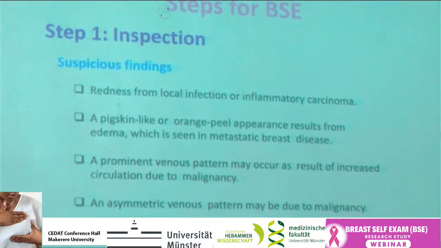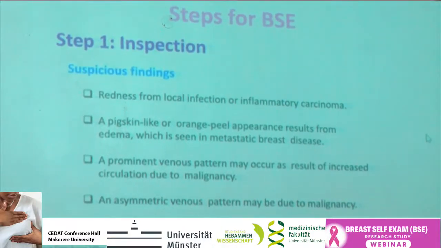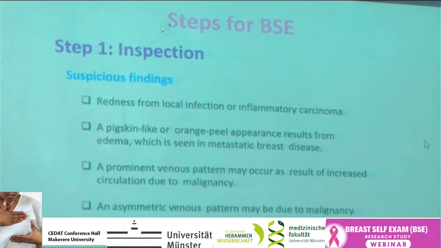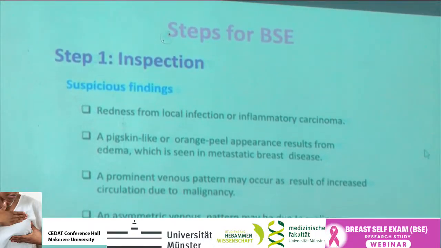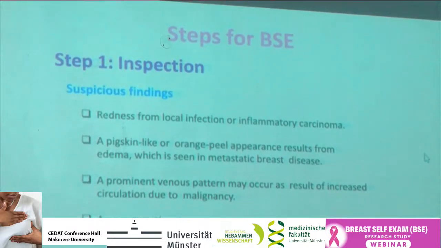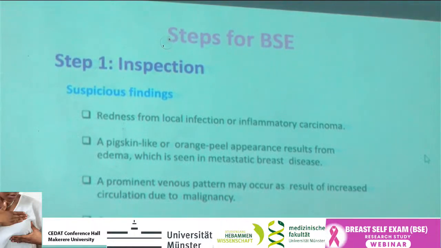The inflammatory kind of carcinoma will cause redness or darkening of the skin in women who have hyperpigmented skin, or women of color, or black women. Pink skin-like or orange peel appearance results from edema, like we have seen.